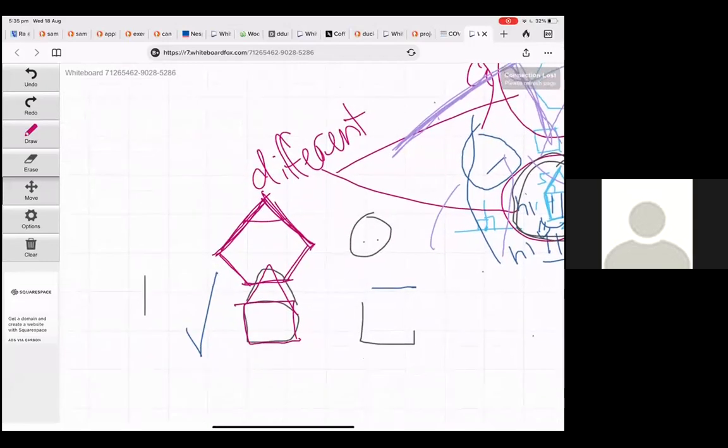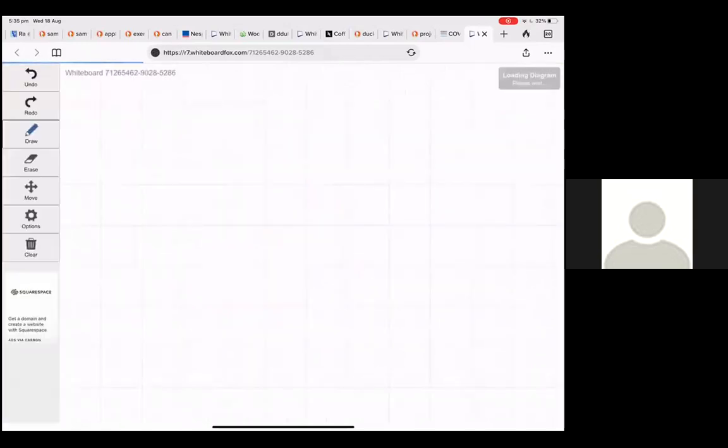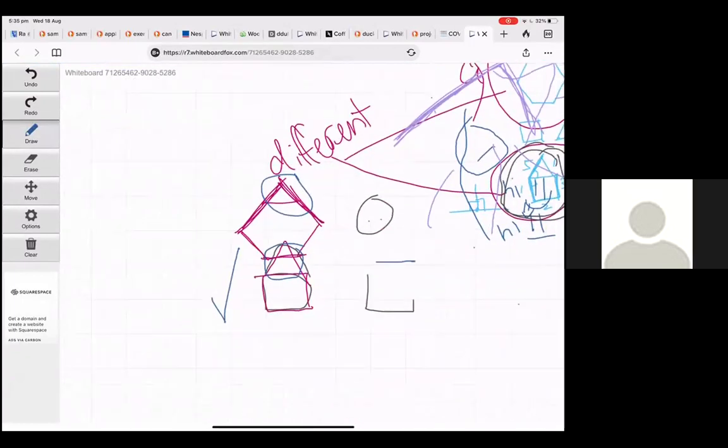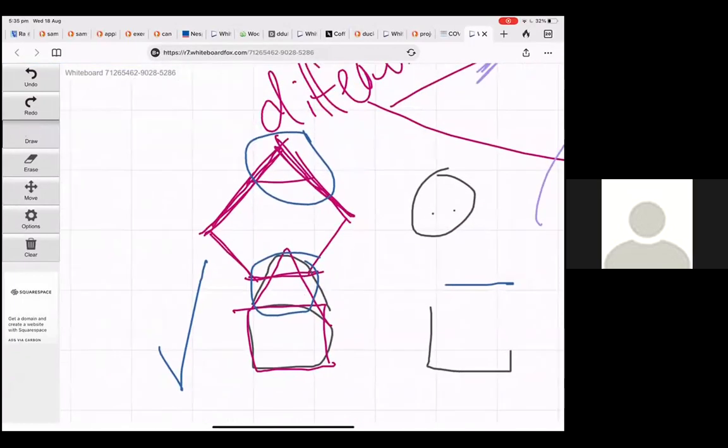The difference is that the first one was using this hexagon, and the next one was using a square. Yeah, that's true. And the difference between the square and the hexagon is that this is a right angle, and these are not.